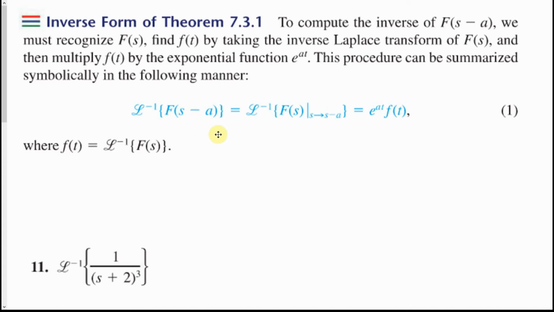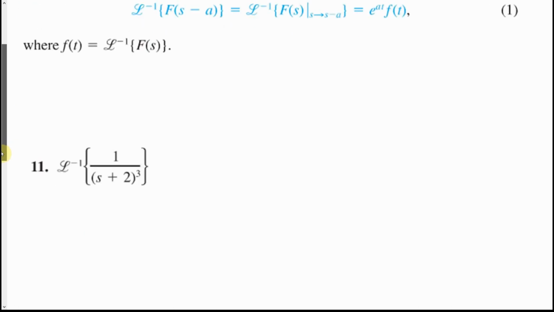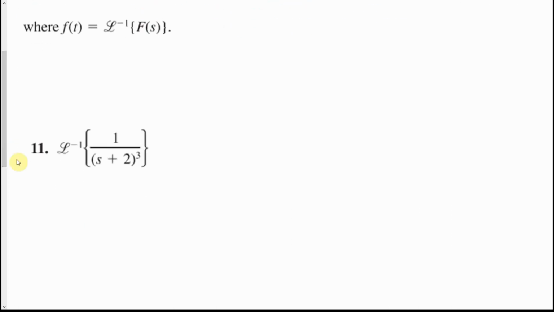And that becomes just the product of two things: an e to the at times the original function. And once you see the two functions operating there, you write your result as the product of the two. Let me show you.